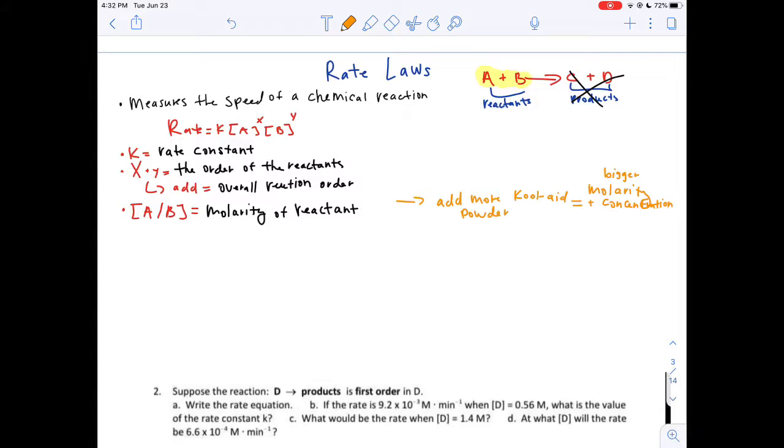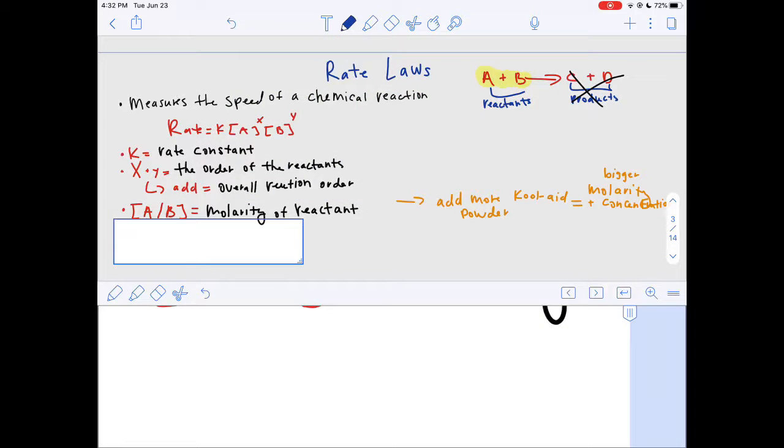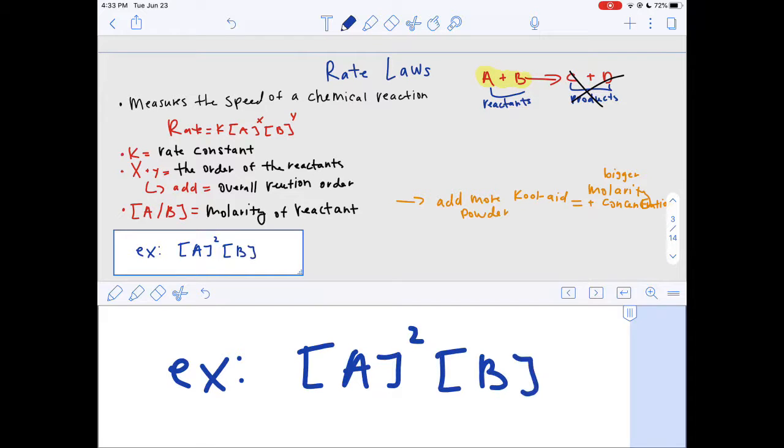There we go. So, as I was saying, I'll show you a little bit more about the exponents and the orders. Let's say you have element A in your rate law equation, and it's raised to the second power, and you have element B, and it's raised to the first power.